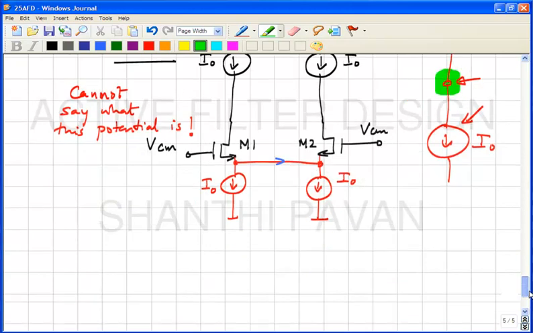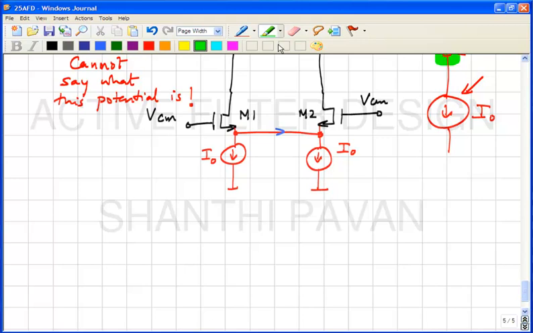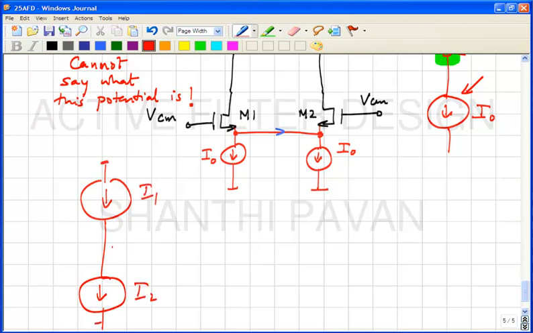The fundamental reason is that you have a node whose potential is being controlled by two current sources, two independent current sources. Then clearly that's not possible, right?